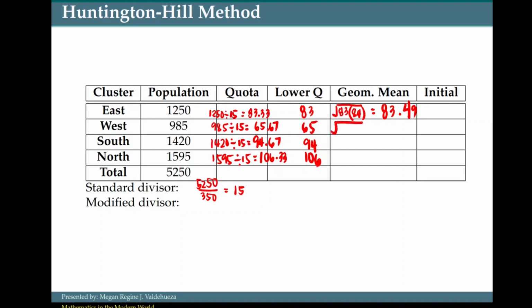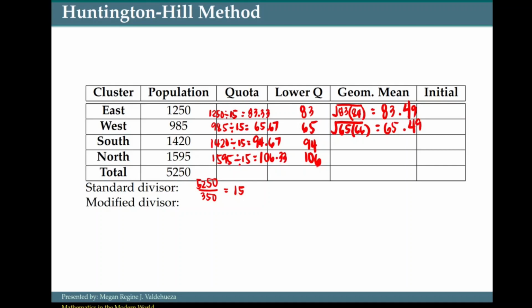Next, we have the square root of 65 times 66, and that will give us 65.49.